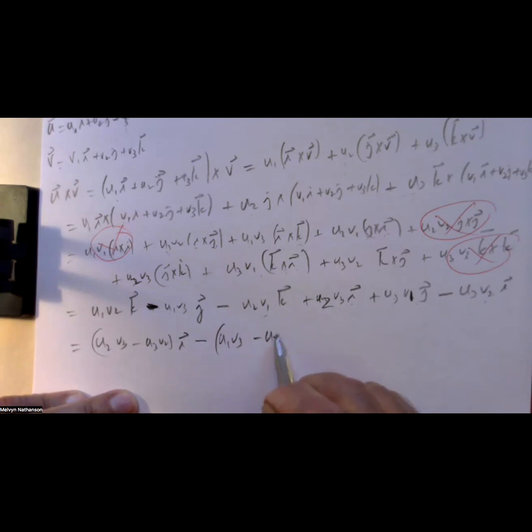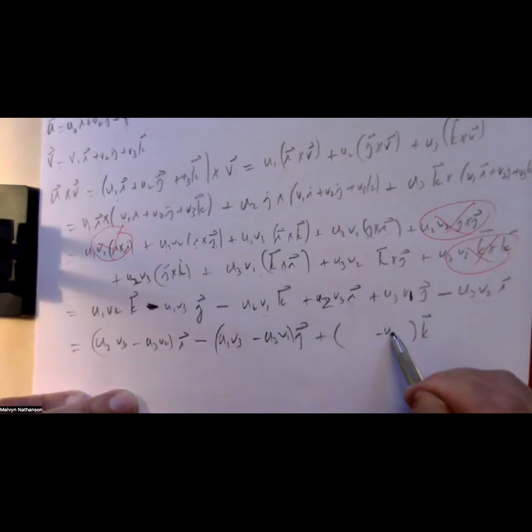Let's just double check this. So minus u1 v3 plus u3 v1 for j, and for k, I have minus u2 v1 plus u1 v2.